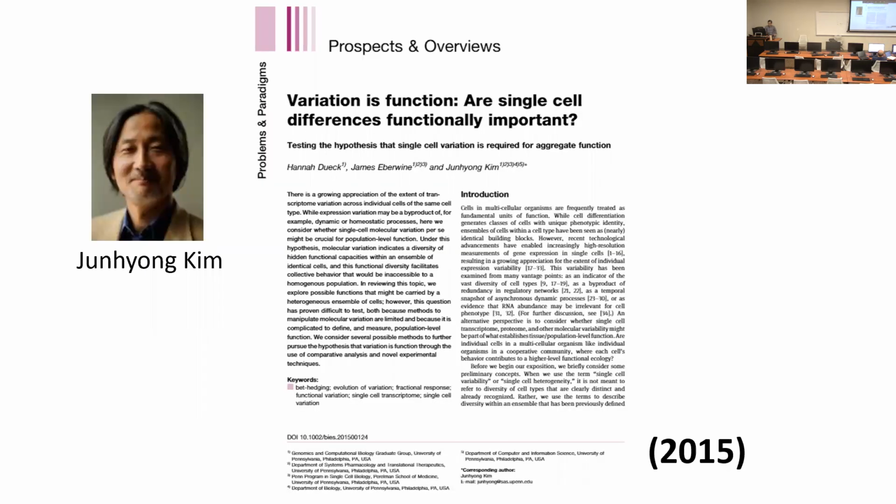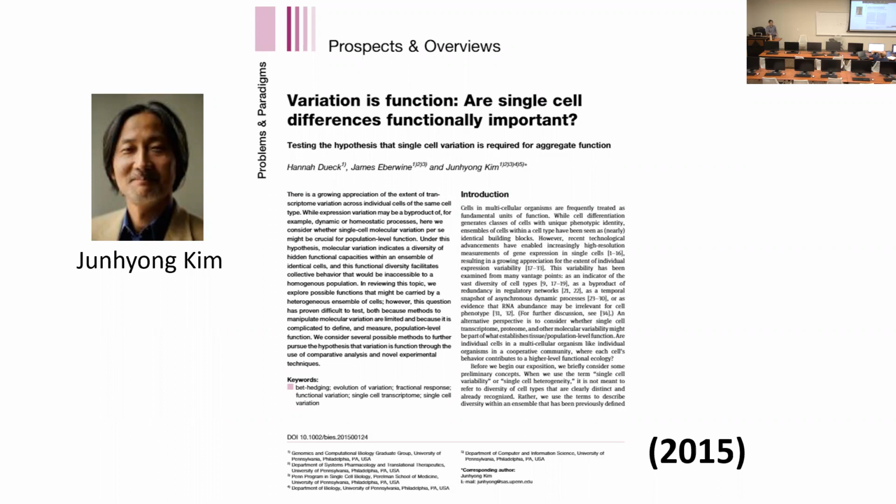So this is a paper published in 2015. How can we pronounce his name? Jin-Yong Kim. So he's a professor at the University of Pennsylvania. He, with his students, proposed this hypothesis or opinion paper, saying variation is function.